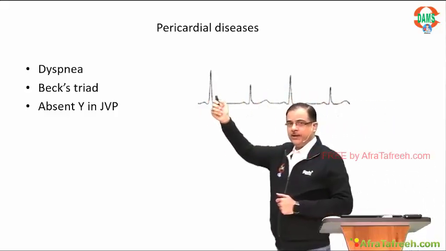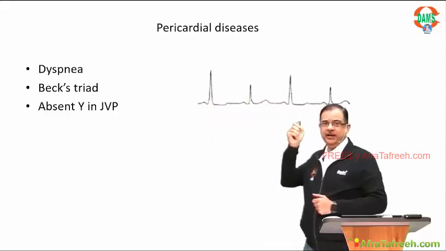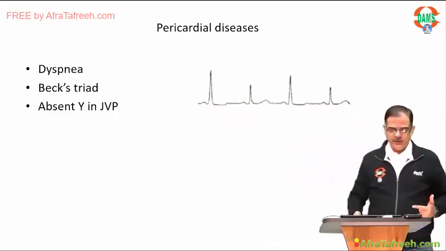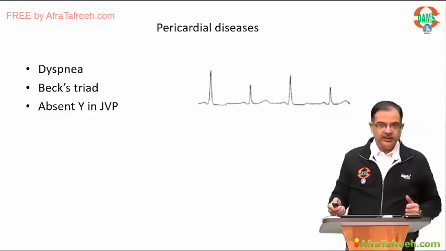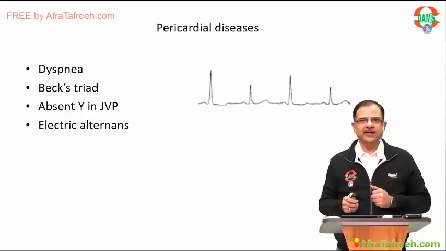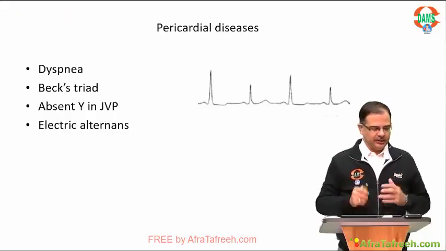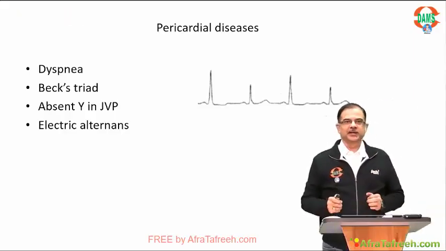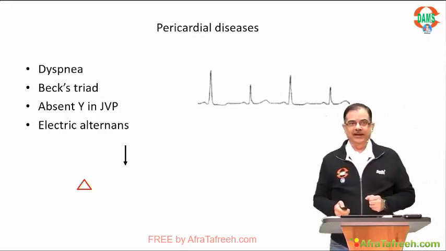So the QRS amplitudes are changing alternately. This is a classical case of electrical alternans. Yes, very nice. So this is a case of pericardial tamponade.